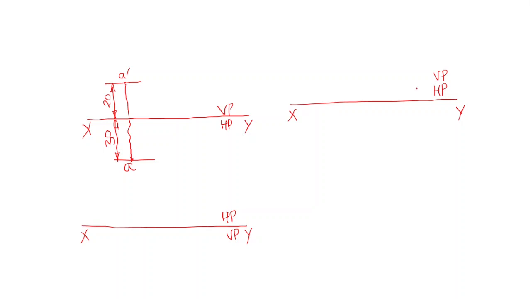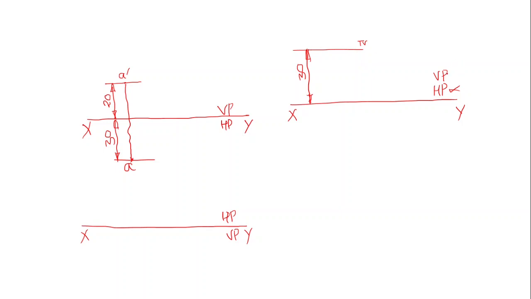When we select this entire space as HP, we mark a tick mark here like this. Then we mark the distance from VP in HP. Here distance from VP is equal to 30 mm. We mark that 30 mm here, and represent the locus of that top view. We mark this locus as top view. Then we put a cross mark after locating the top view.